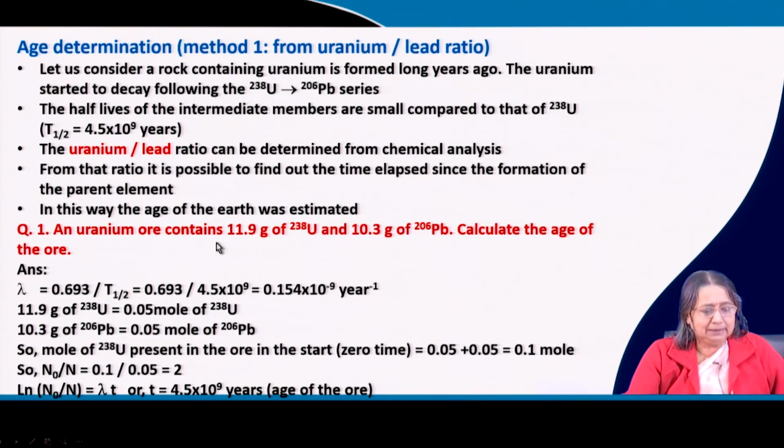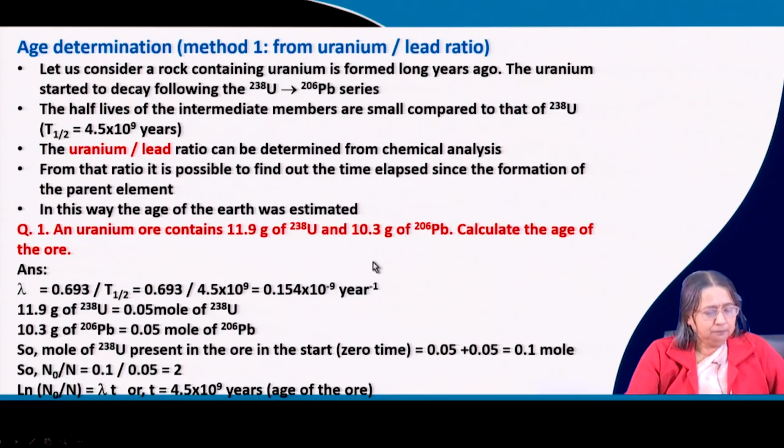They are supplying how much uranium and how much lead is in the ore at present. If we can determine how much was there at the beginning, then we can easily find the time elapsed. Here, from one uranium we get one lead. That is very important, one uranium gives one lead.